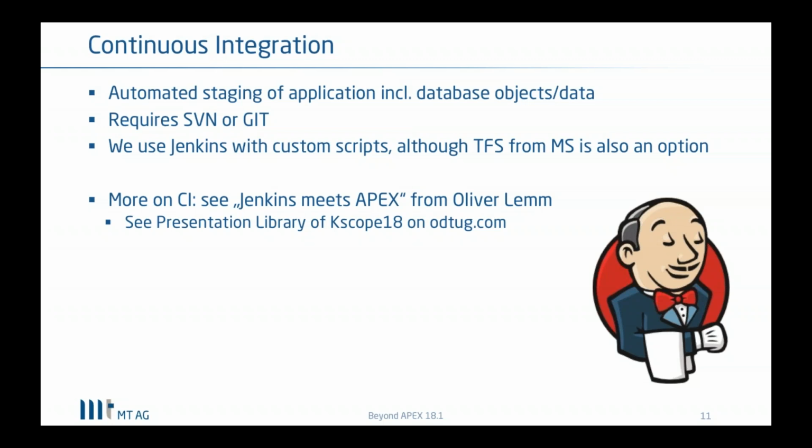The basis for this is, of course, using Subversion or, more and more, Git. Git is becoming the main platform. There you put in all your changes, you check them in, and then afterwards you can have a Jenkins in place, put some custom scripts in there to actually read out Git, and then push those changes to another environment.